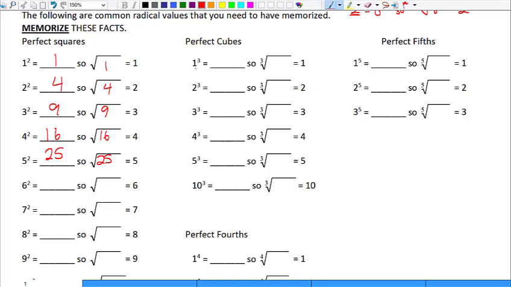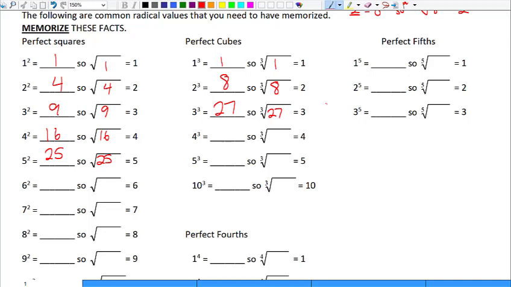Let's look at perfect cubes here. 1 cubed is 1 times 1 times 1, which is 1. So therefore the cube root of 1 is 1. 2 cubed is 8, so 2 times 2 times 2 is 8. Therefore the cube root of 8 is 2. And one more. 3 cubed is 27. Therefore, the cube root of 27 is 3. So I think you get the pattern now.